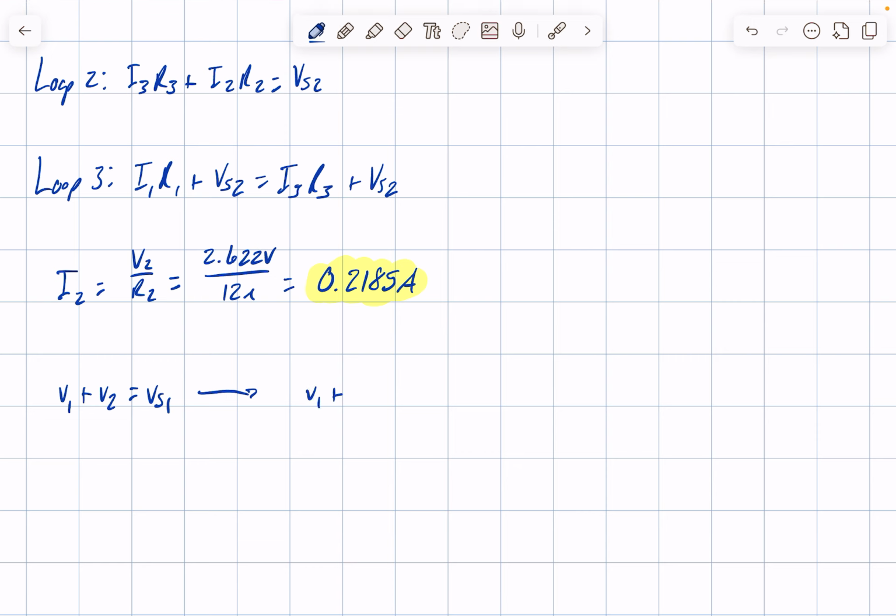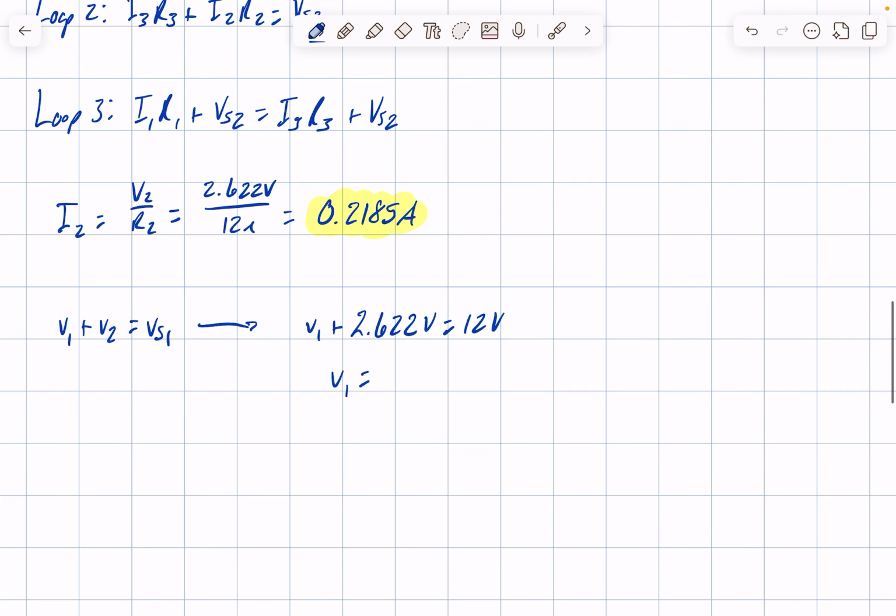So V1 plus 2.622 volts is equal to 12 volts. So all we have to do is subtract 12 by 2.622, and that will give us our answer for V1, which is 9.378 volts.